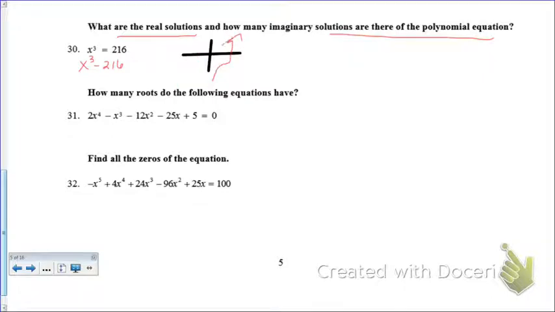Something like that. And so it only crosses the x-axis once, and so it has a real solution of 6, and I should have 3 solutions altogether because it has a degree of 3. So if I've got 1 real, that means I have 2 imaginary.